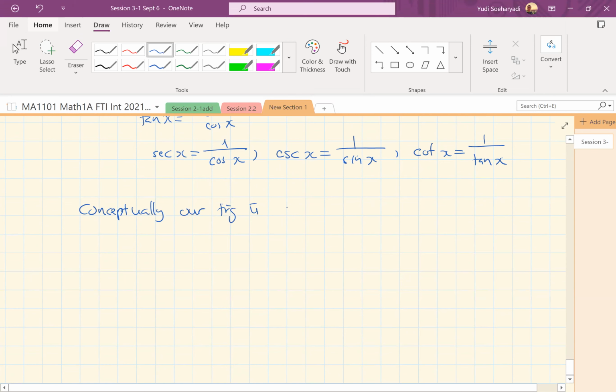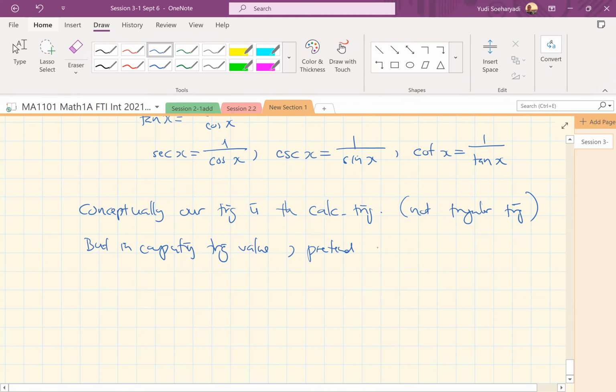Trig is this calculus trig, not triangular trig. But in computing the trig value, just pretend it is the triangular trig.